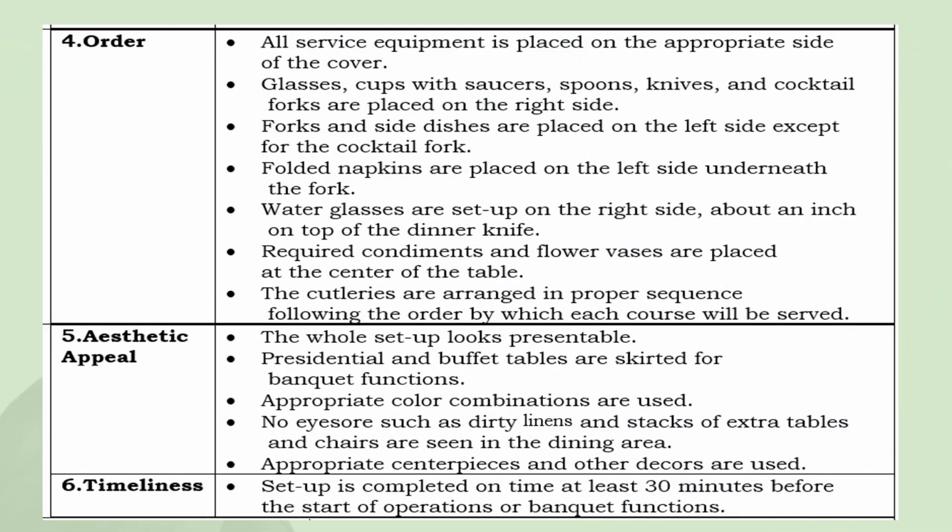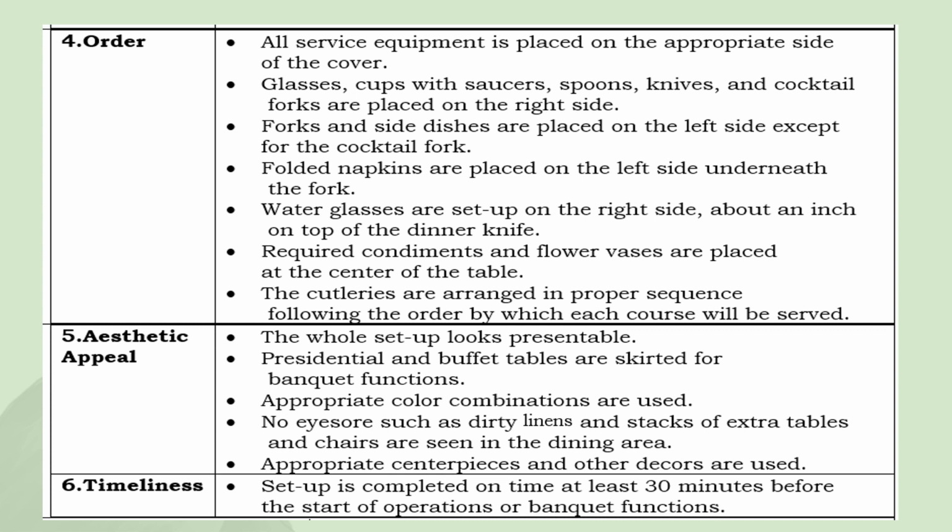Number 4, order. All service equipment is placed on the appropriate side of the cover. Glasses, cups with saucers, spoons, knives, and cocktail forks are placed on the right side. Forks and side dishes are placed on the left side except for the cocktail fork.